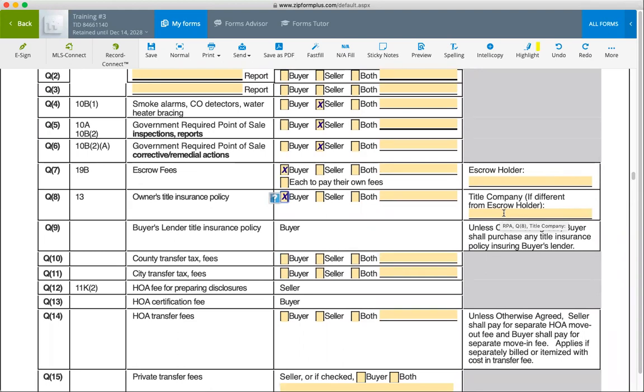The escrow company handles the escrow. In our marketplace, those companies are usually combined. First American Title does both the escrow and the title insurance. Fidelity Title the same way. And the other title companies up here in Northern California. And in Southern California, they're very often different names for the escrow holder and the title company.